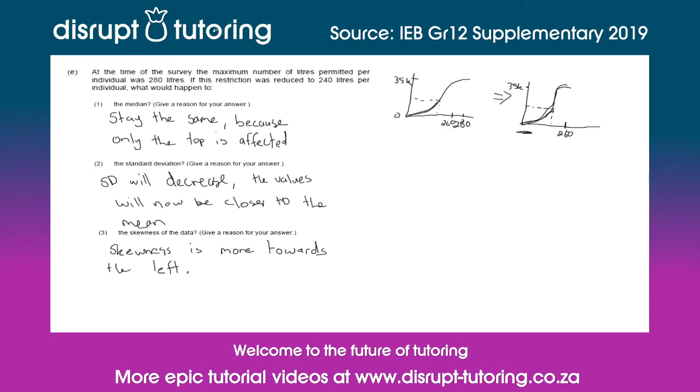If we have to explain it, we can see that the top half is squeezed or moved closer to the median, or the middle of the graph. And that's your explanation. And that concludes question number 7.